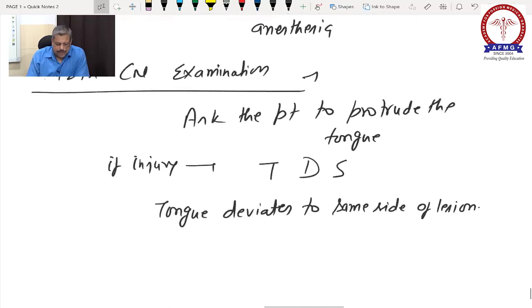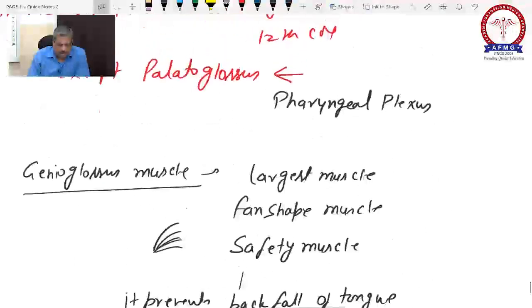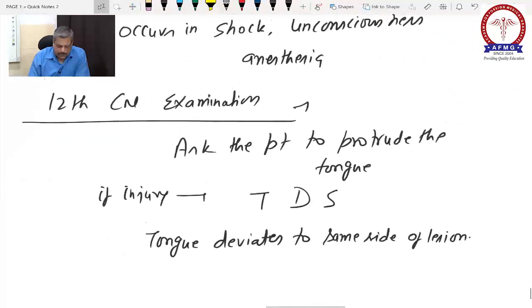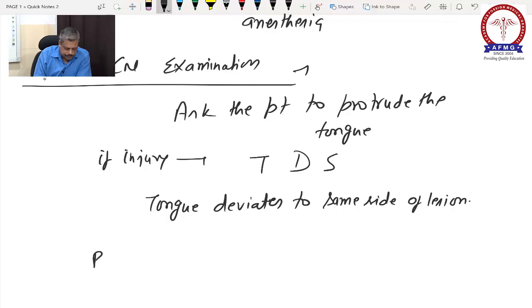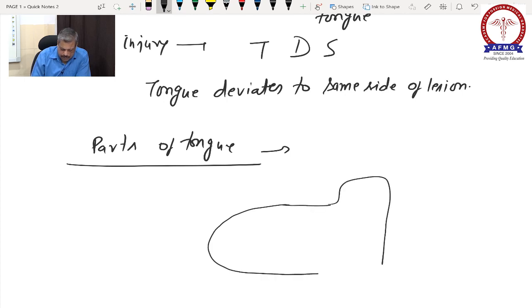Now the next point is, this is all about the muscles of the tongue. Now we will talk about the parts of the tongue. This is the tongue, which is divided into two parts by a V-shaped sulcus.